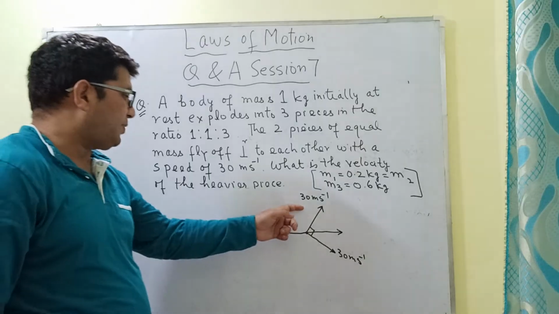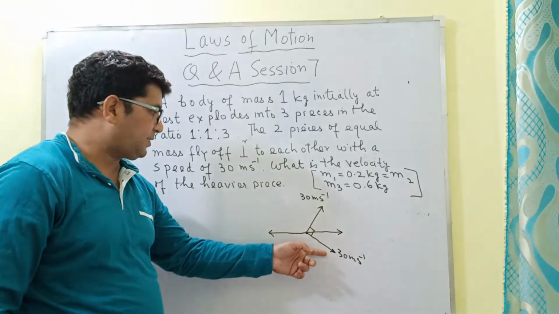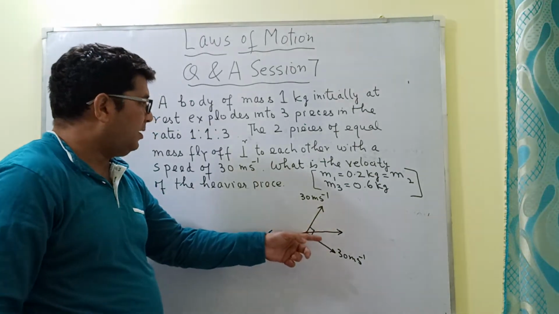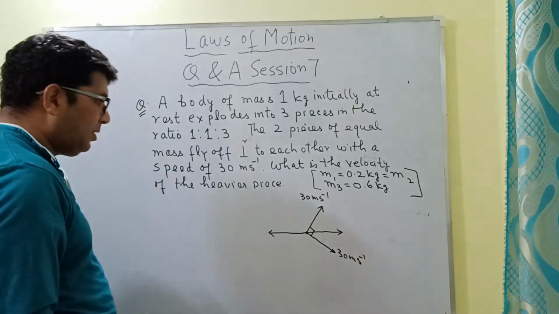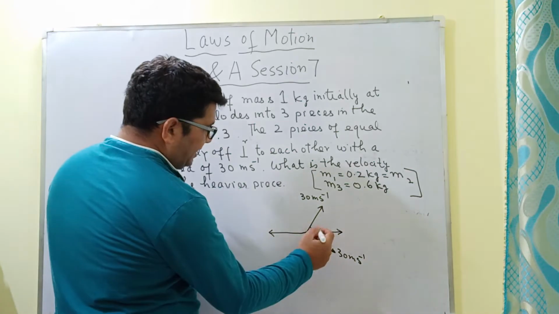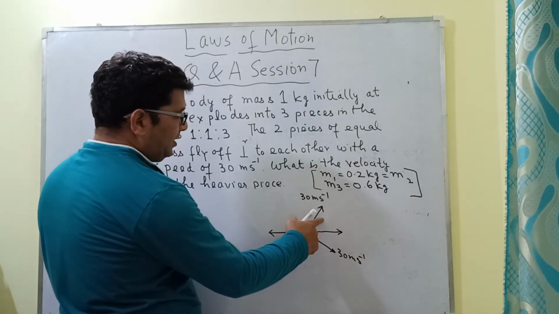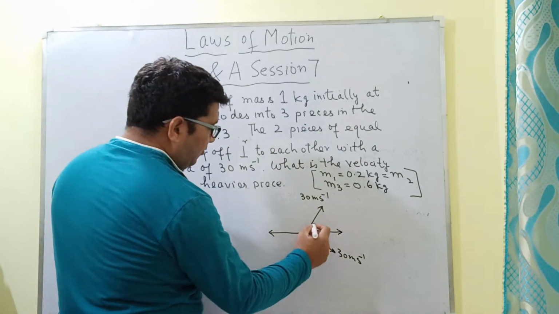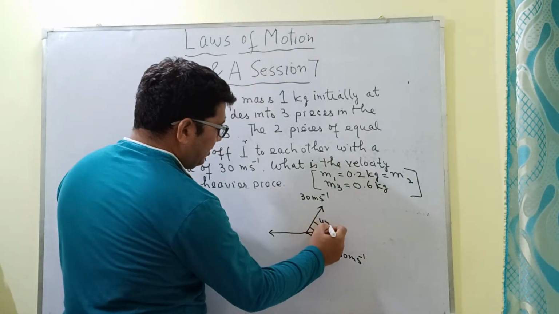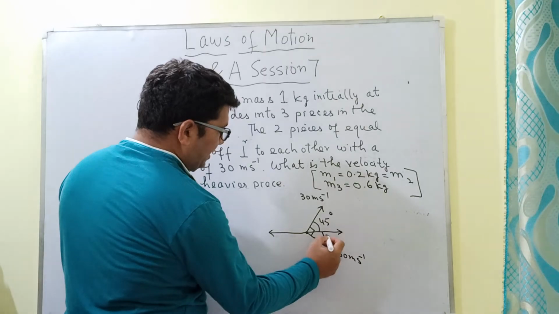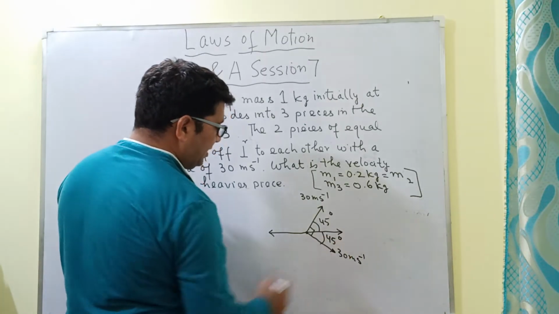Since the velocity of these two masses are equal, and since their mass is also equal, we can say that the angle made by this velocity vector will be equal to 45 degree, and this angle will be also equal to 45 degree.